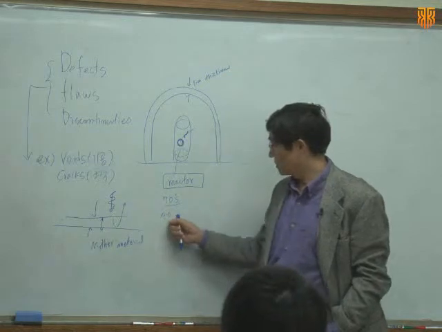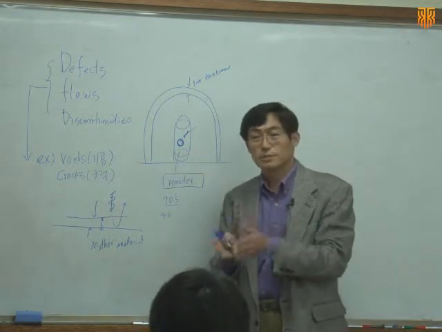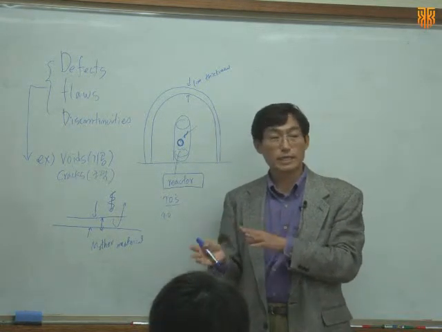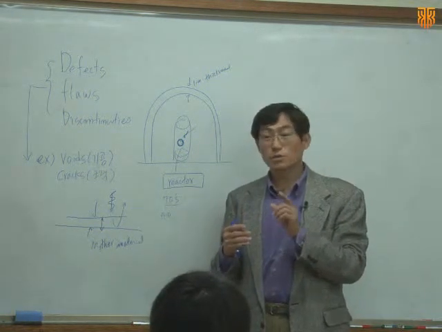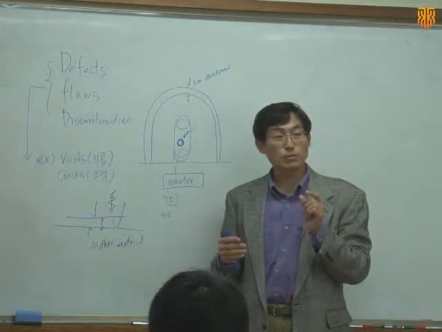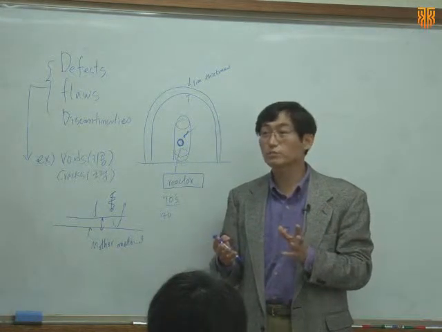But after 40 years of operation, the material is deteriorating. What is deteriorating is weakening. The material was inspected at first, but after 40 years, it's old. So material property has changed, right?